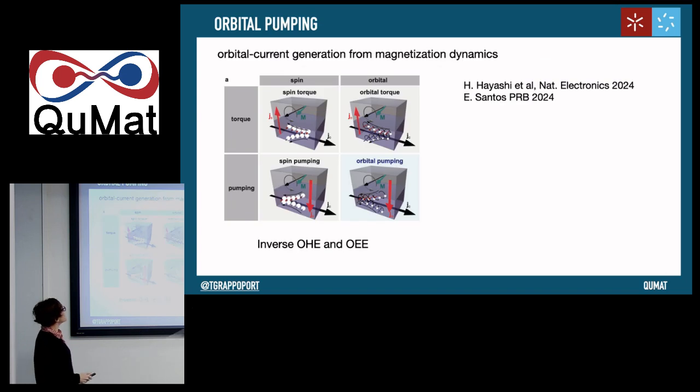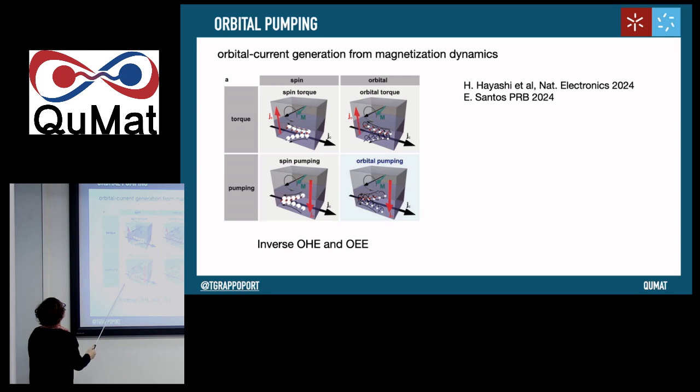Just this year, a few works appeared doing the inverse effect of the orbital torque, which is orbital pumping. Thinking about spins, in the case of the spin transfer torque and the spin-Hall effect, we apply a current in a material with spin-orbit coupling.